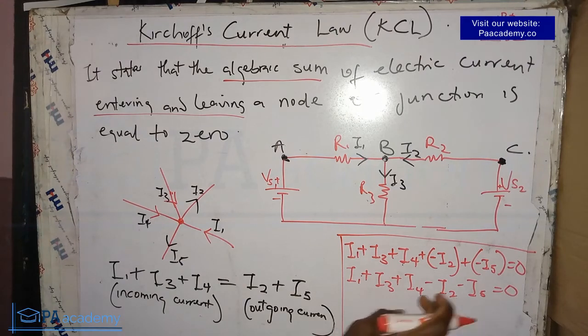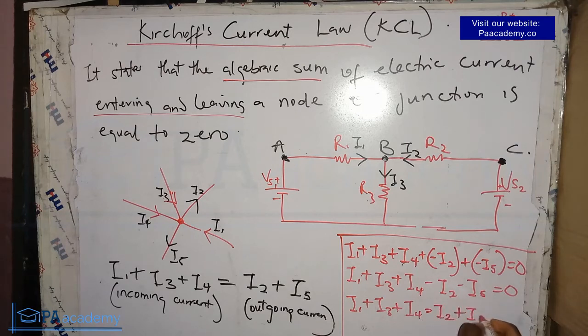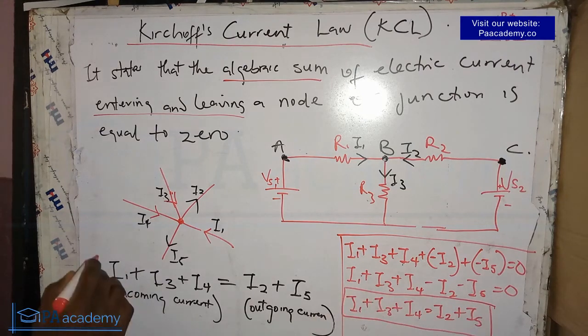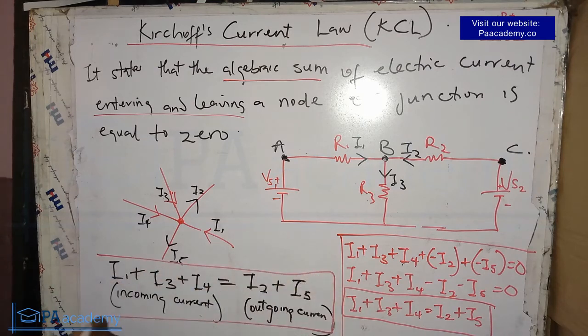If you take the negative ones to the other side of the equals sign, we have I1 plus I3 plus I4 equals I2 plus I5, and you can see that what I'm having here is the same thing that I'm having here.